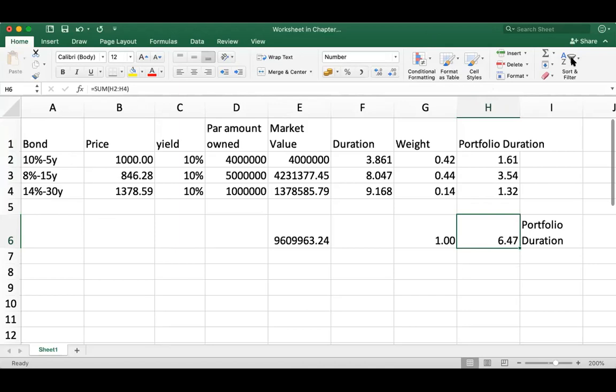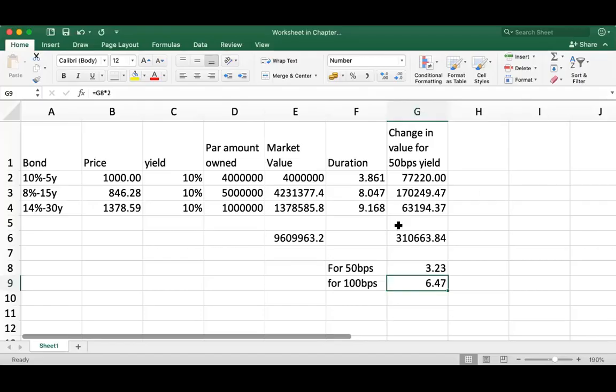Let me show you another way to calculate this. Okay, so another way to calculate the duration is, so this data is the same as we had previously.